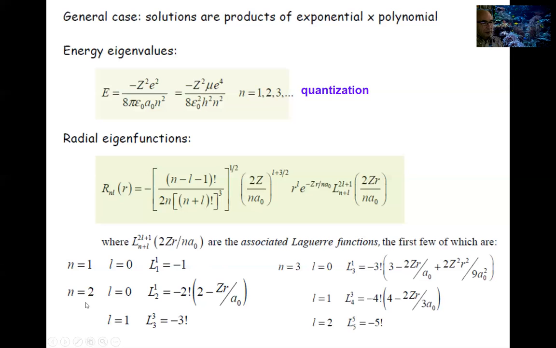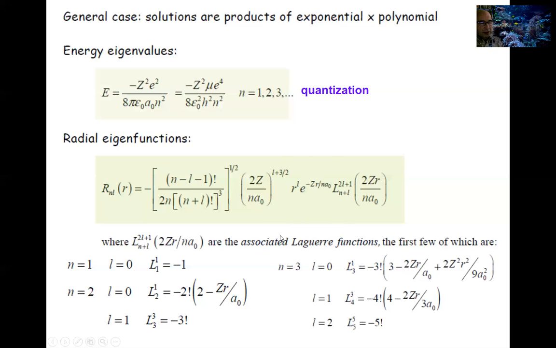But when we come to n equals 2 and l equals 0, we now find this term here. And when we come to n equals 3 and l equals 0, we find an even more complex polynomial, etc. So this polynomial multiplied by the exponent and multiplied by r to the power l is a characteristic form of the wave function.